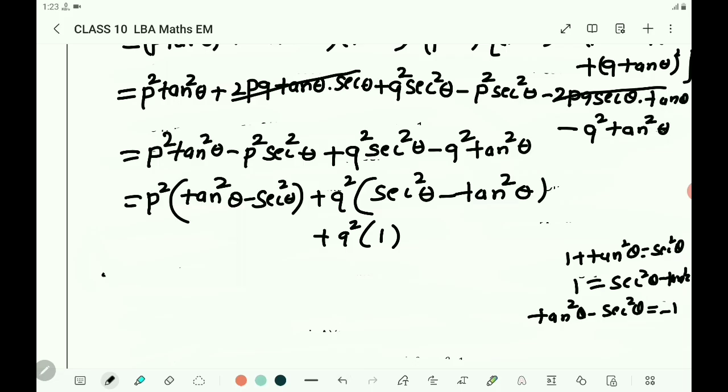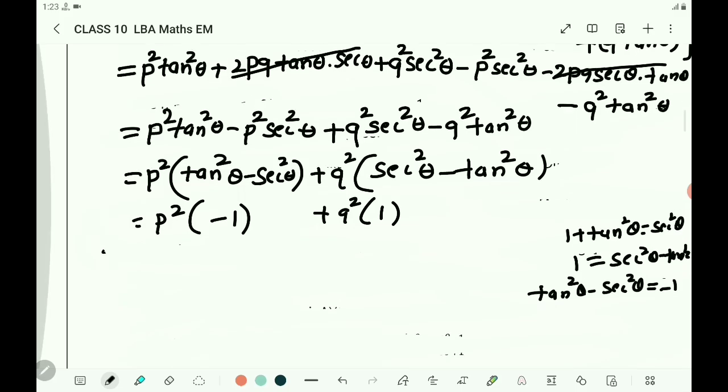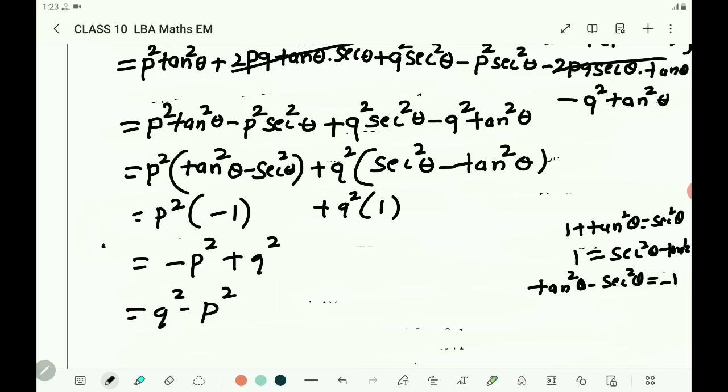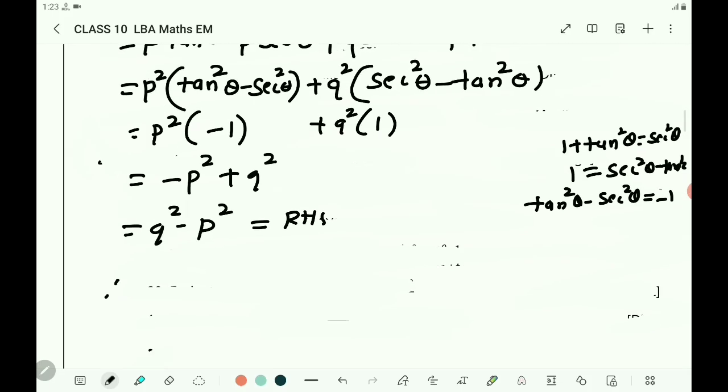So here you write p square into minus 1, then p square into minus 1 is minus p square plus q square into 1 is plus q square, which is equals to q square minus p square, which is equals to RHS. Therefore you write x square minus y square is equals to q square minus p square.